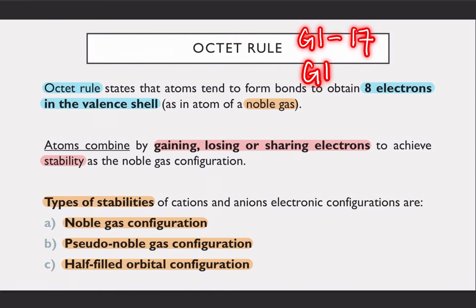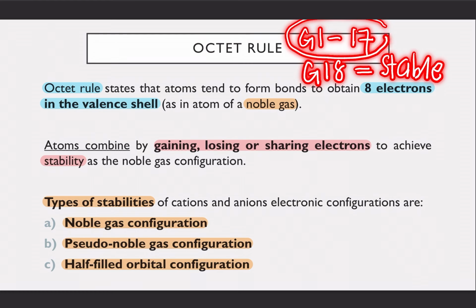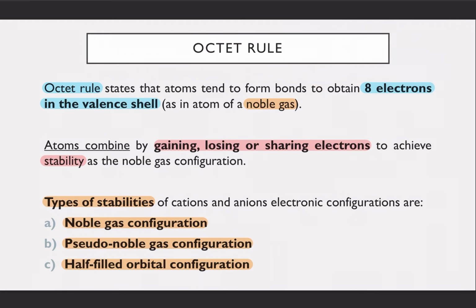Noble gases in group 18 are stable; they have the stable electronic configuration. So all the other atoms from group 1 to 17 want to achieve this stability. In order to do so, they will react with each other.